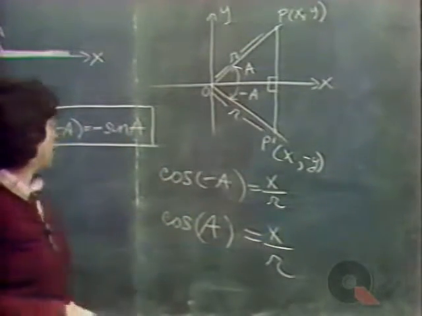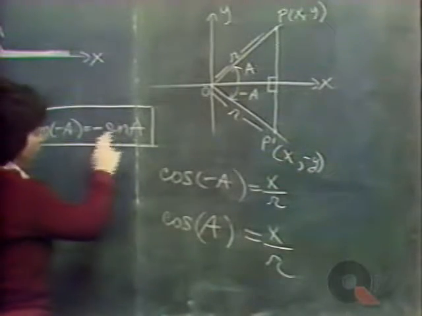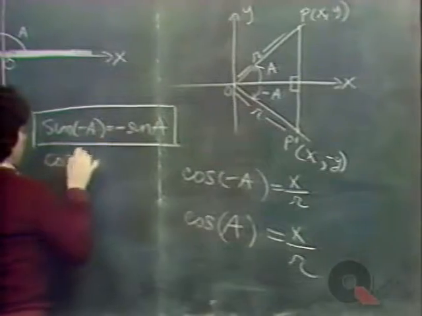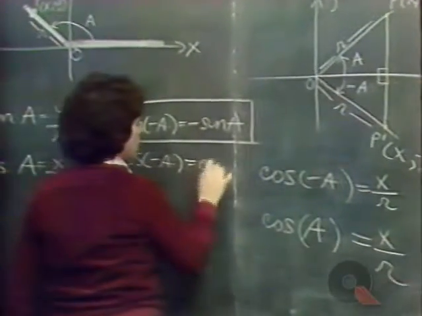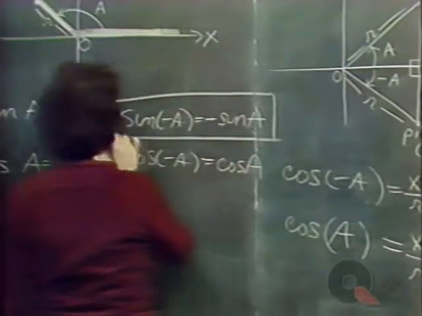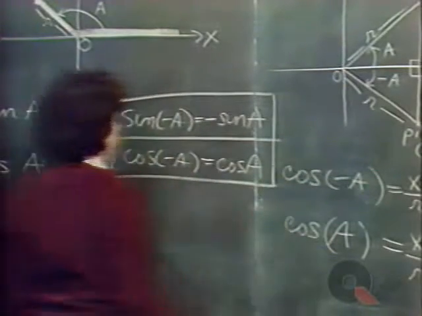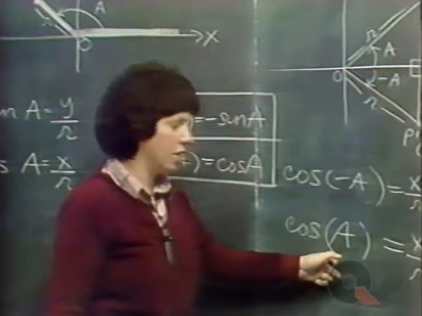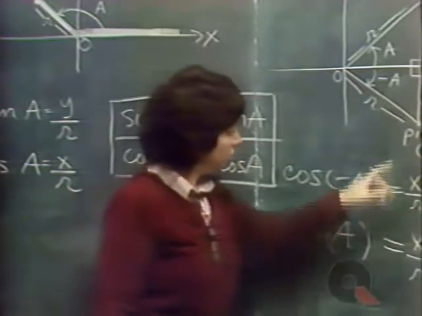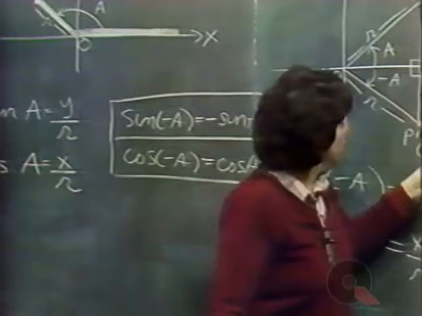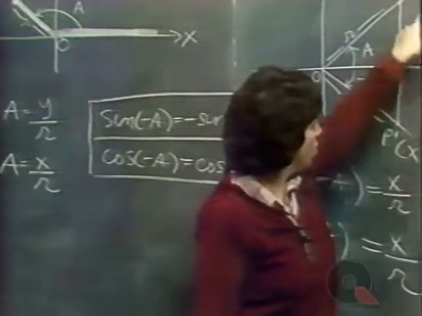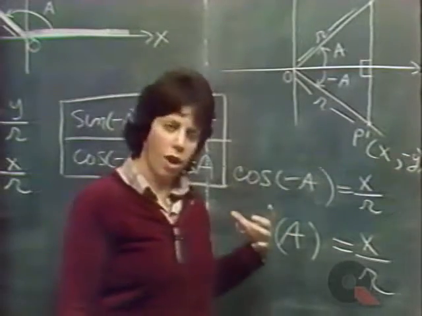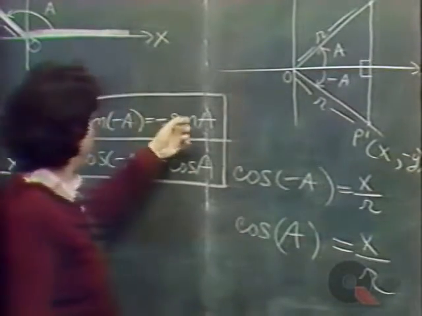Whereas the sine of minus A was minus the sine of A, the cosine of minus A is exactly equal to the cosine of A. The x-coordinates are the same, r is the same, the y-coordinates are the different ones, and therefore the sine, which involves the y-coordinate, is negative.